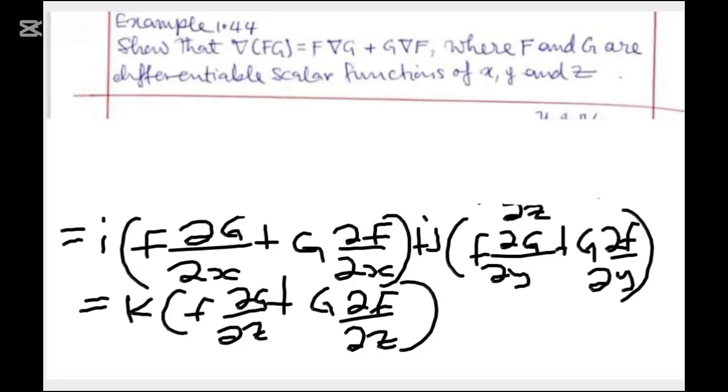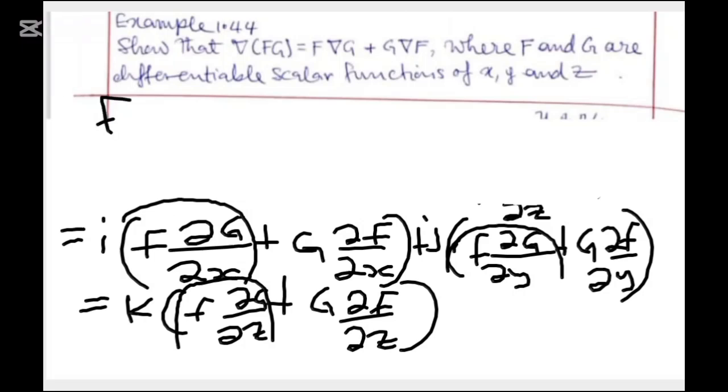So the next thing that I'm going to do here is that I have to look for f. I have f here, and also I have f here, and also I have f here. So I have to gather them together.